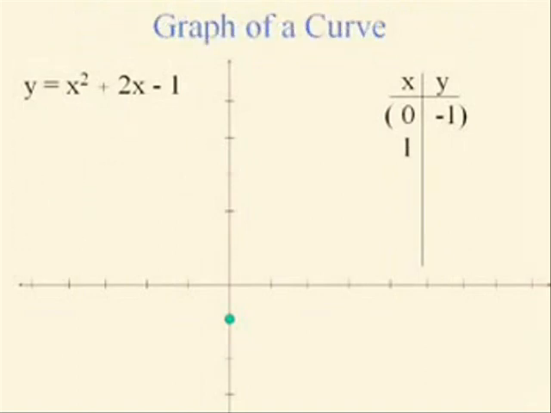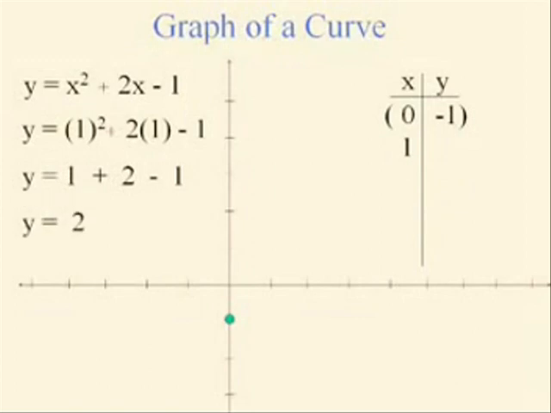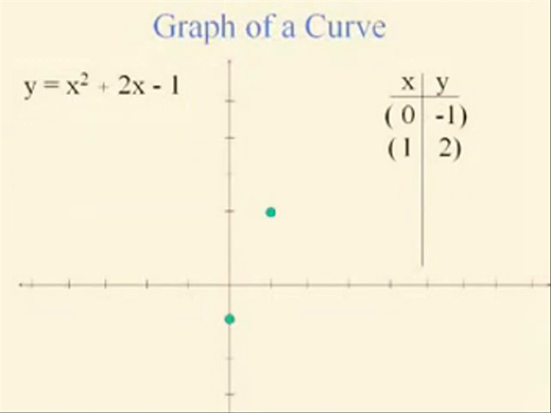Now let's see. I'm going to put in 1 again. But remember, I put it in every place I see x. And 1 plus 2 is 3, minus 1 is 2. So the point over 1 and up 2. And just like last time, I'm going to put in minus 1, just to make things go quicker.